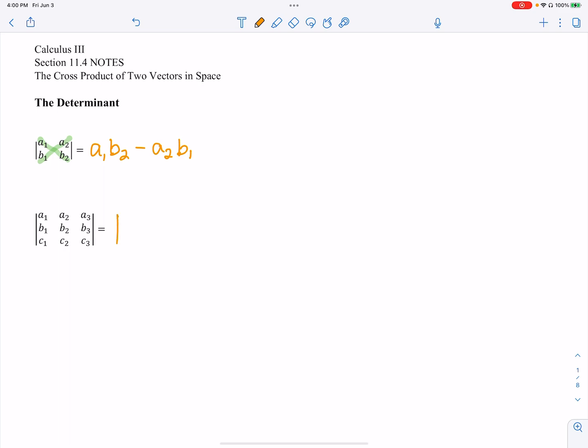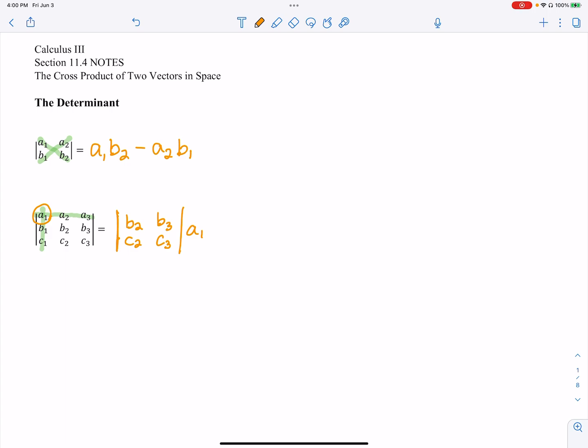So here we go. Let me write out the first component. What we do is we cover up our first column and our first row, and this number right here will be the number that goes out front. The numbers that go inside our little 2 by 2 determinant are what's not highlighted.